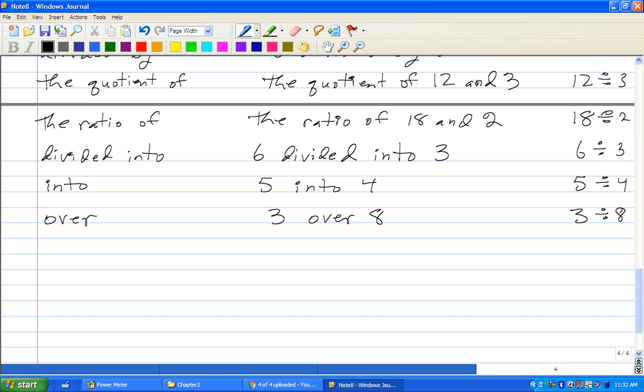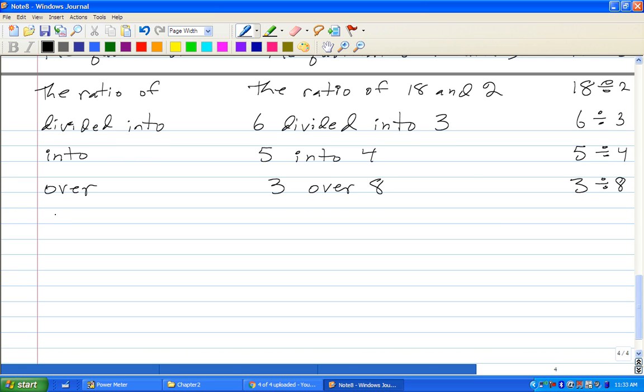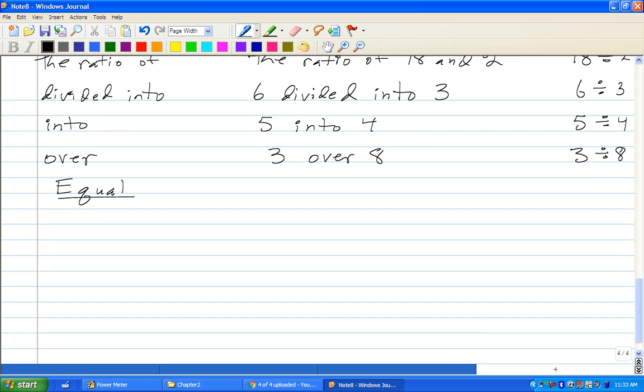Equal. The equal symbol. Is: 5 is 3 plus 2.